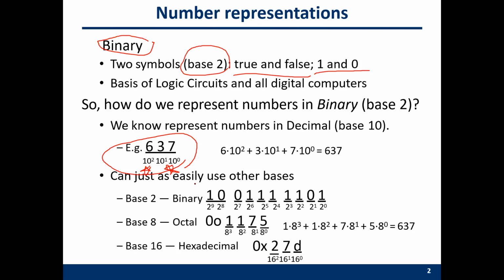And we can write a number for each digital position, which is 10 to 0, 10 to 1, 10 to 2. So this number indicates the base of that particular number position. For example, this is the least significant bit, this is the most significant bit, and this is the second bit.